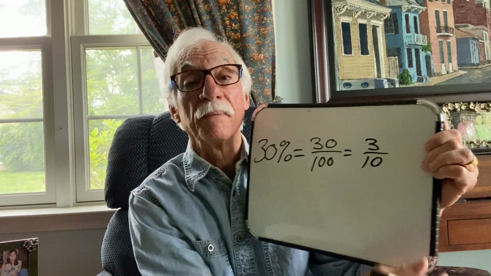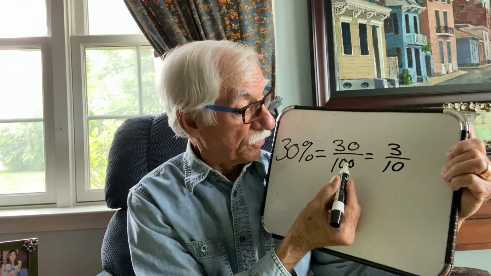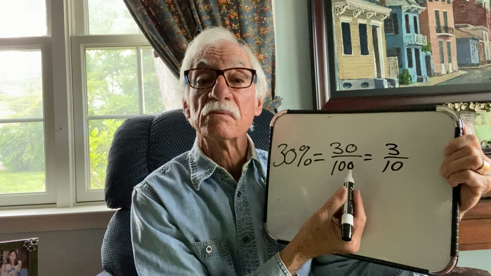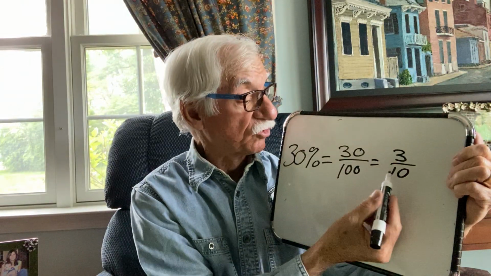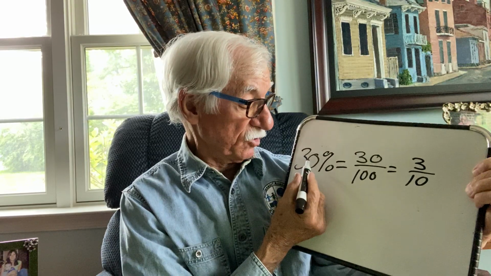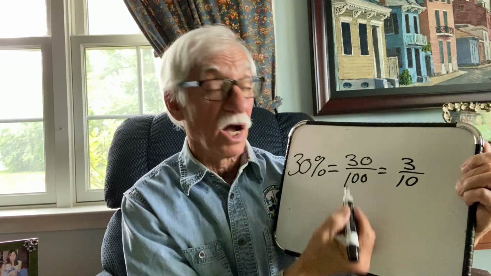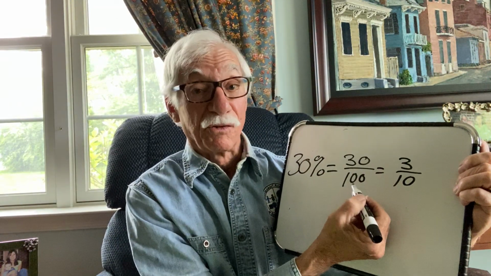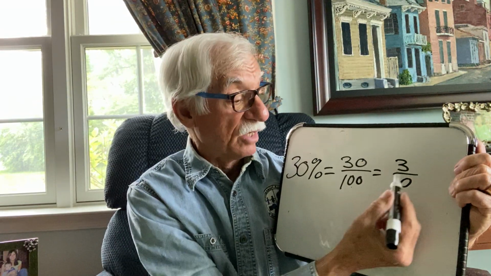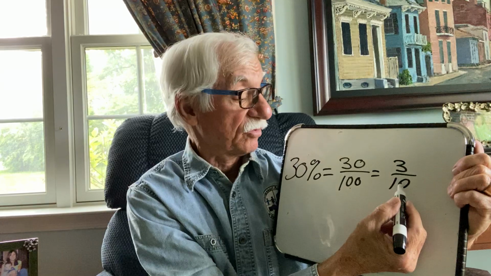Now this is important because I have to reduce the fraction to as small a denominator as I can. So the 30% is 30/100ths, but can 30/100ths be reduced? Yes, it can. It's 3/10.